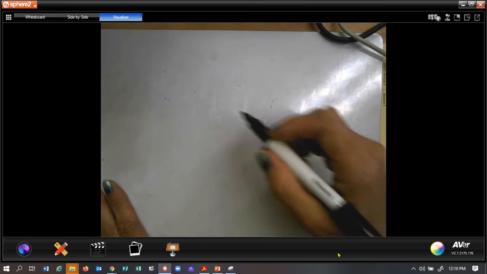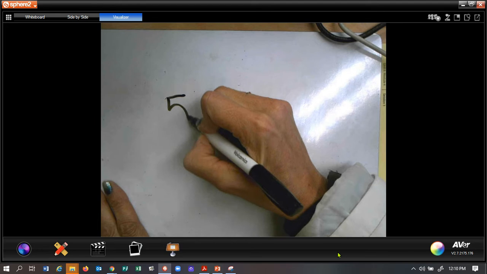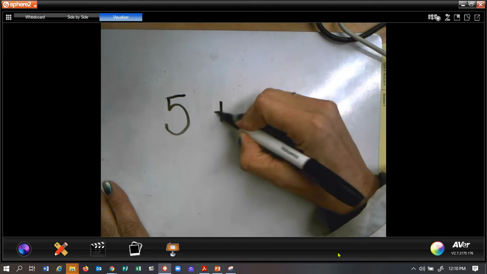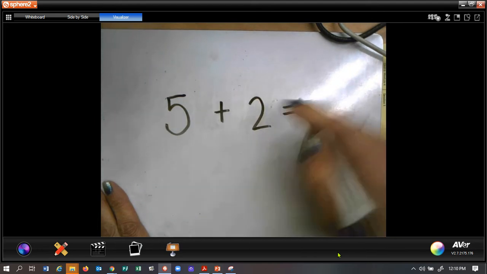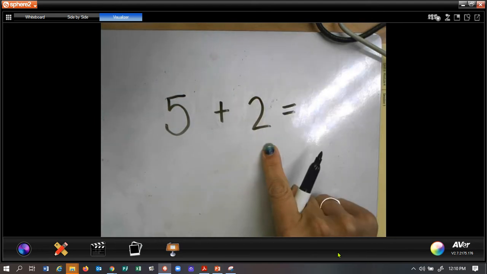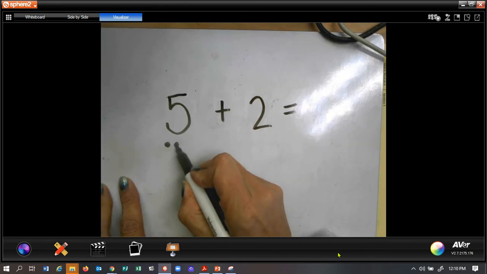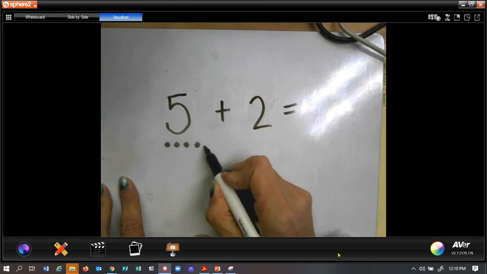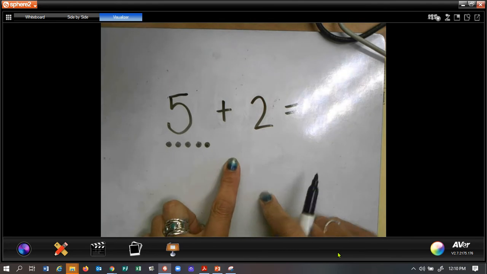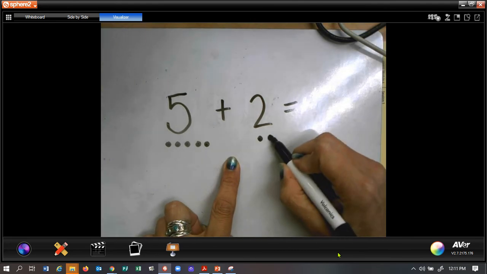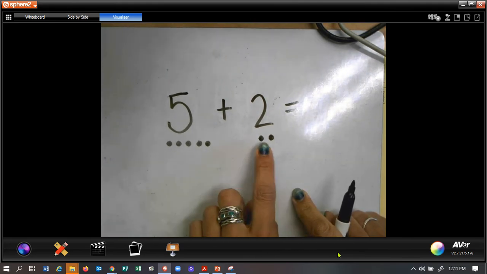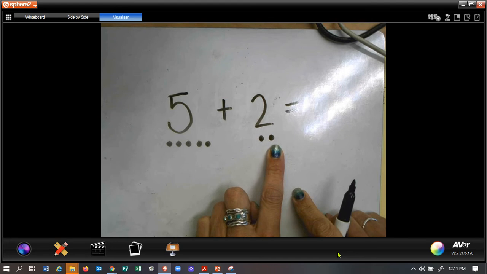Let's say I had the addition fact 5 plus 2. 5 and 2 are the parts. In fact, I'm going to draw 5 dots plus 2 dots. 5, 6, 7.